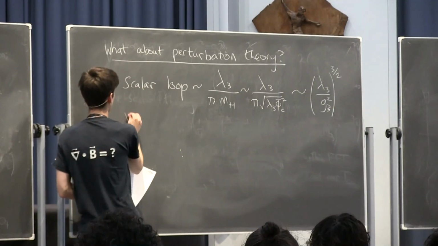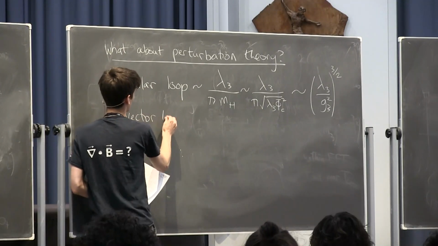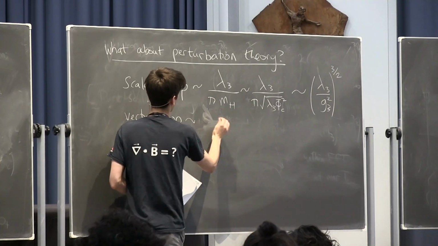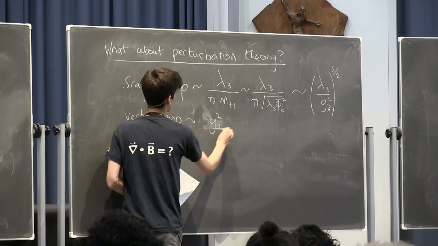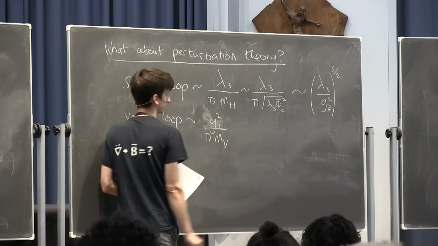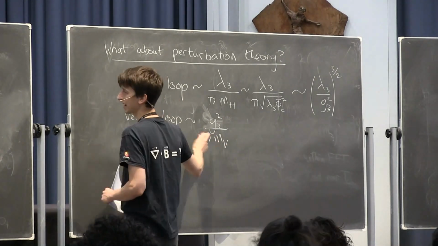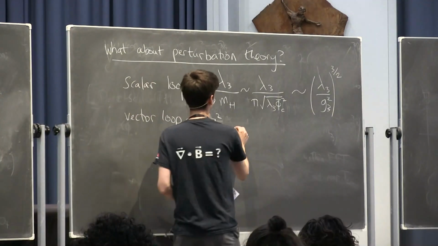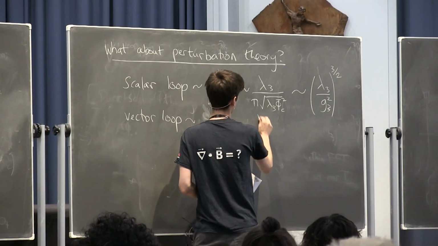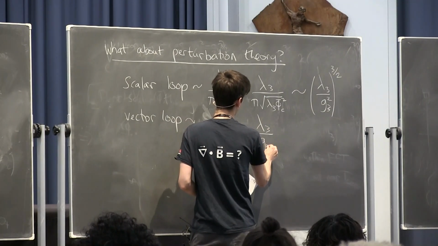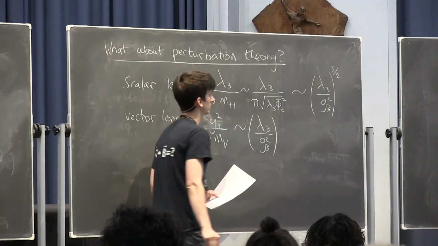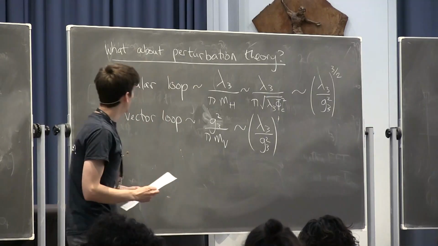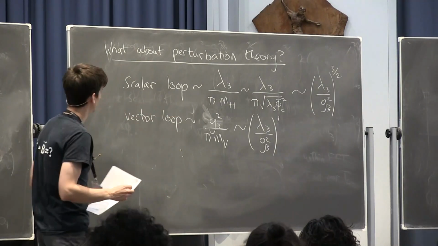And if I were to do the same for vector loops, where we get the coupling divided by the mass, and I again take my mass from g3 times phi, I'll get that this is equal to lambda 3 on g3 squared, or 1. But what is lambda 3 on g3 squared?